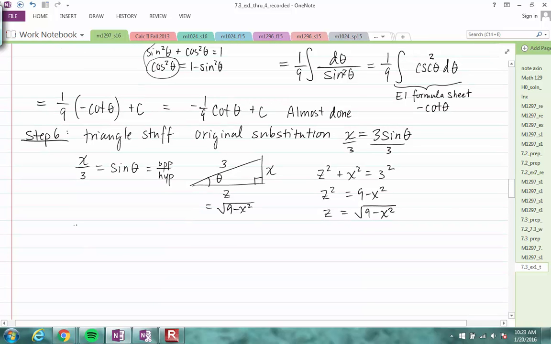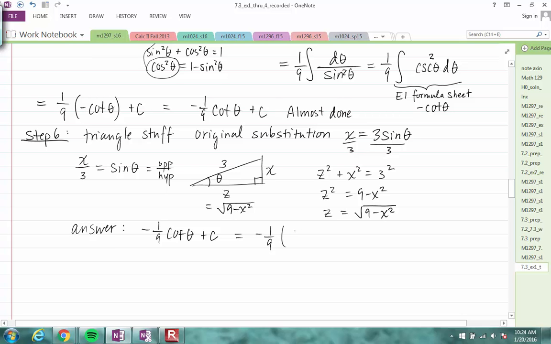Now, go back to your answer, and it turns out you can now write your answer in terms of x using this right triangle you constructed. So the answer was -1/9 cotangent of theta plus c. So now you need to remember what cotangent of theta is in terms of the lengths in this acute right triangle. Well, I remember that cotangent is 1 over tangent, so it's a reciprocal of tangent.